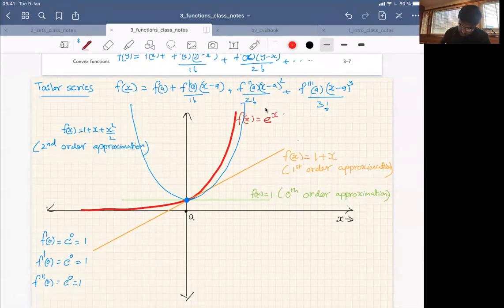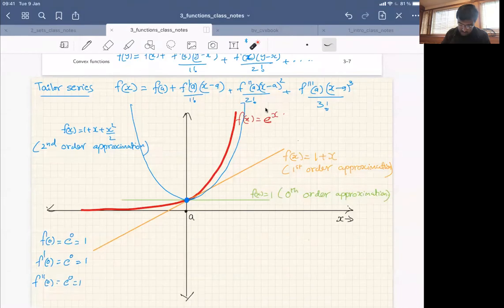So you have a function f of x, and I am expressing it in a Taylor series, evaluated at the point a.